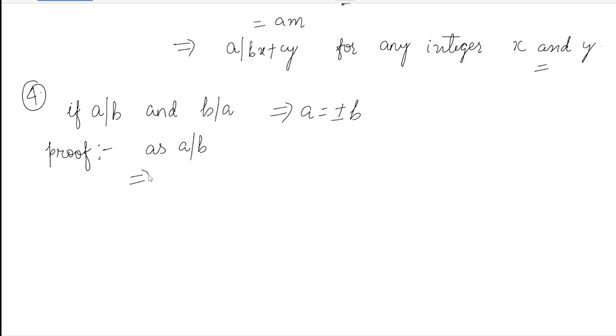As A divides B, this implies there exists X belongs to Z such that B is equal to AX, and there exists Y belongs to Z such that A is equal to BY.